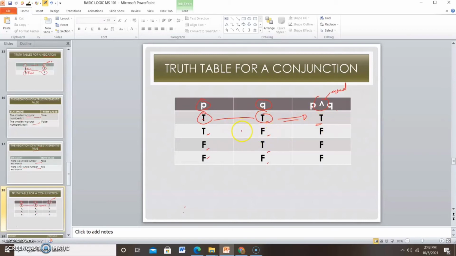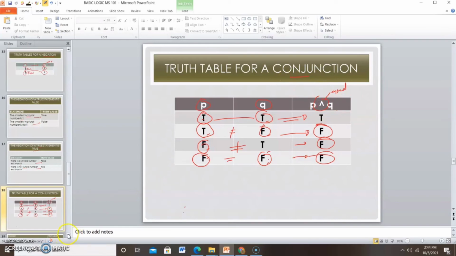Next, P is true but Q is false, not the same. Automatically false. Then P is false and Q is true, not equal. Automatically false. But when P is false and Q is false, false, false equals false.